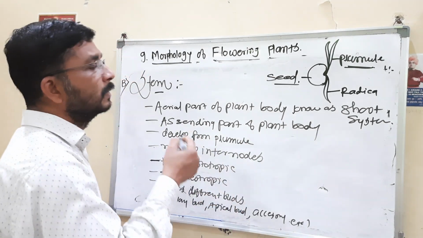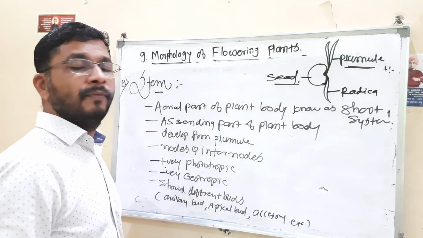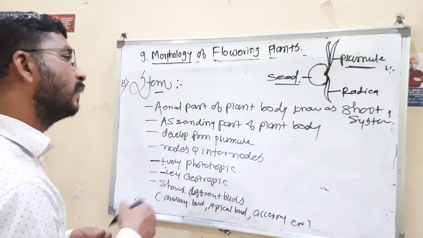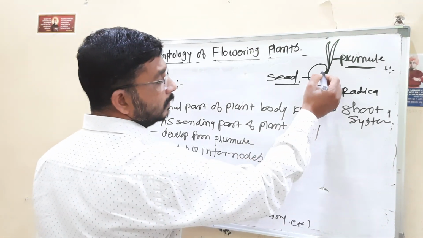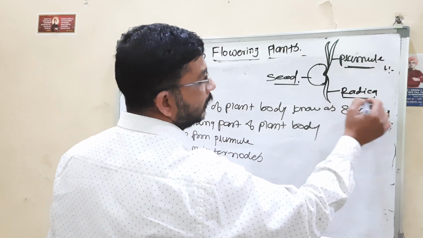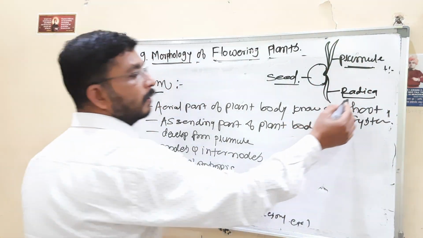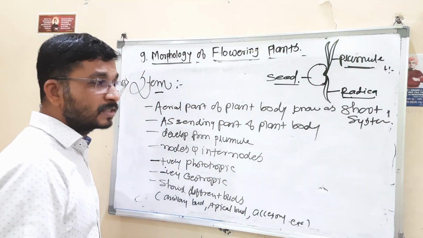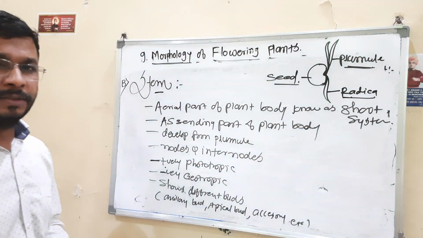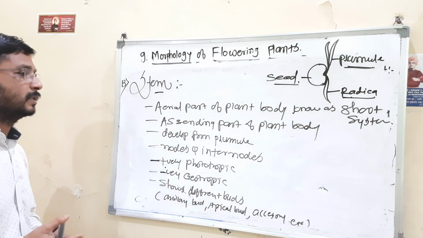After getting all these things, we call it a favorable condition. Then the embryo gets developed and forms this kind of structure, the radical and plumule. From the radical we get the root system. From the plumule we get the aerial shoot system.